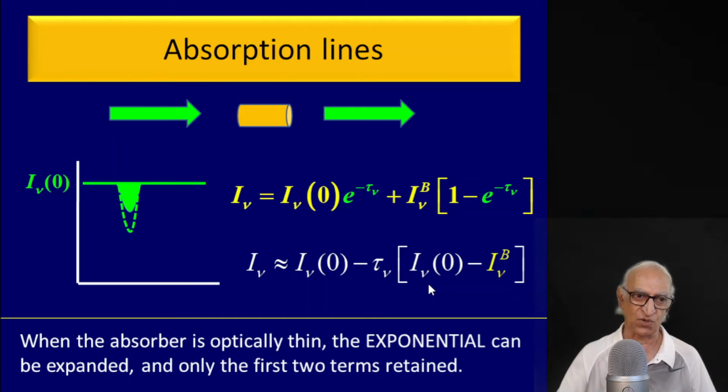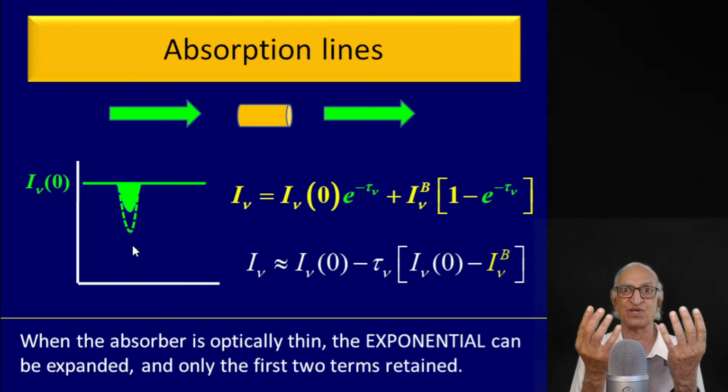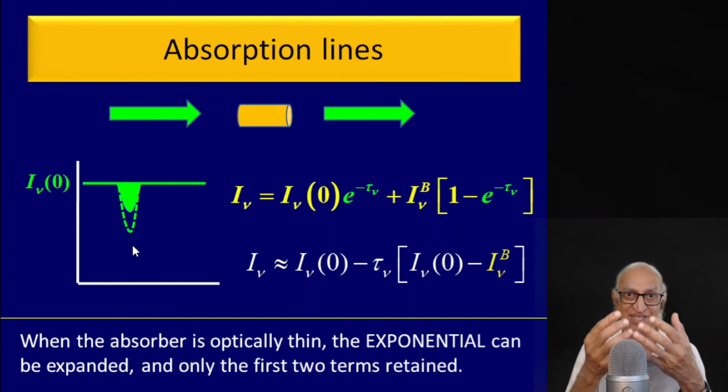So once again, let me repeat, I will get a net absorption only if the background brightness is greater than the foreground brightness. In the case of the disk of the sun, that is guaranteed. As I said when we discussed limb darkening, we know energy is flowing out of the sun. Therefore, the interior is hotter than the outer regions of the sun.